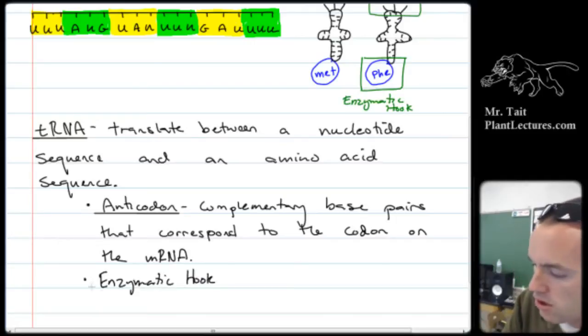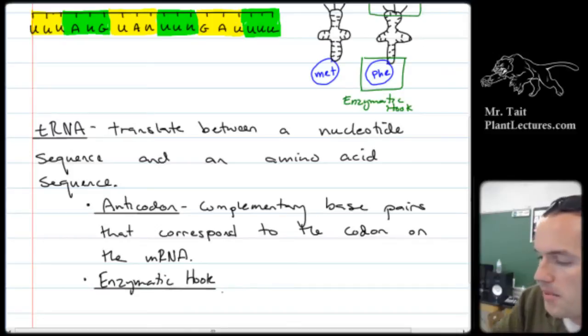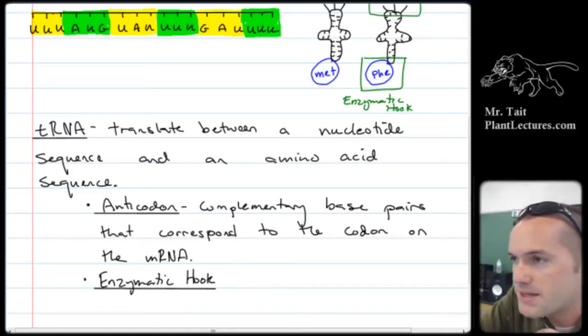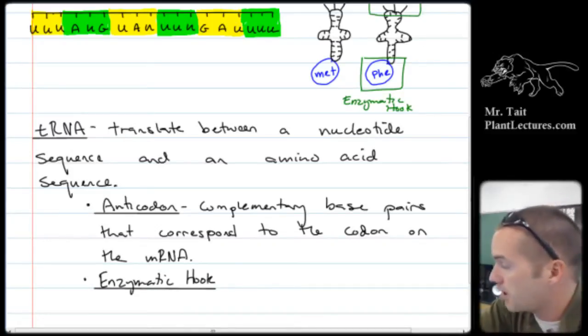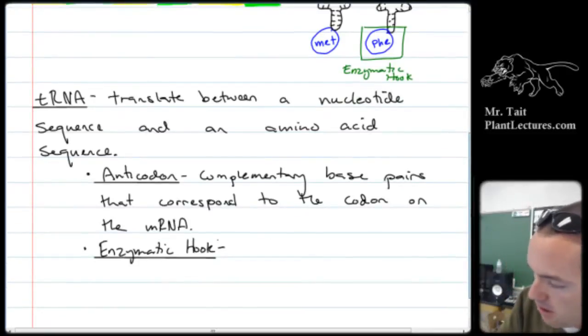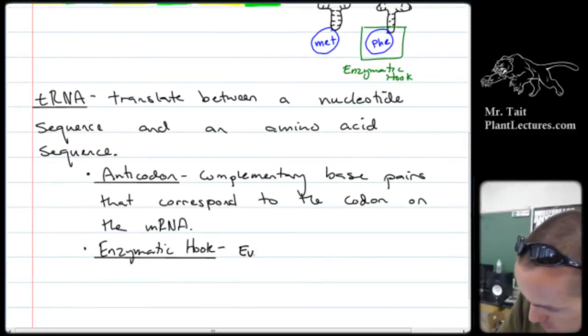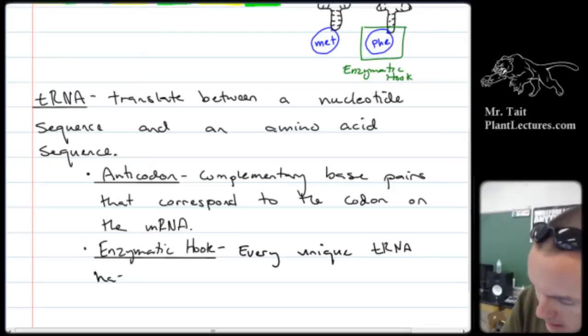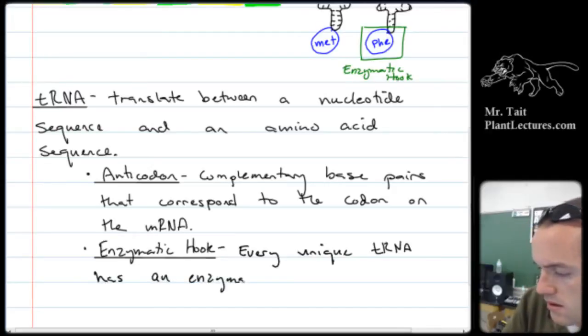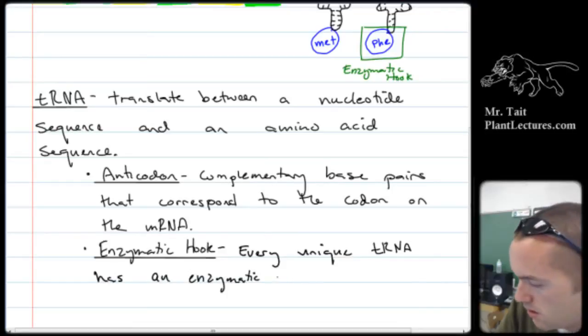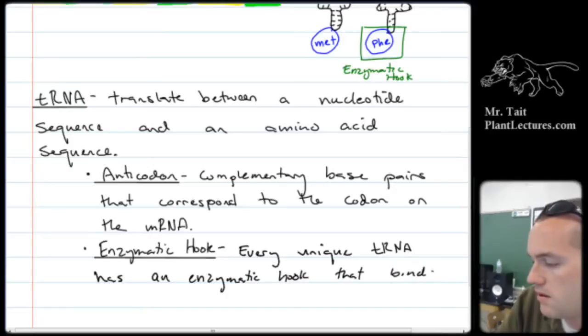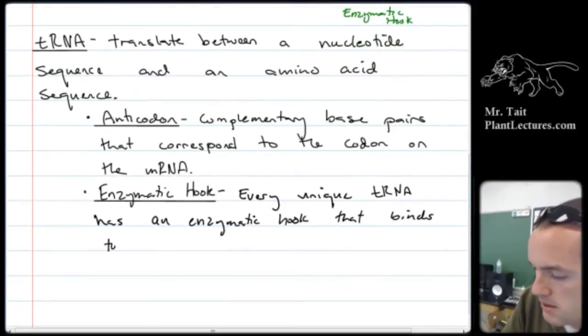And the enzymatic hook is going to bind to just one type of amino acid, right? So we can say that every unique tRNA has an enzymatic hook that binds to just one amino acid.